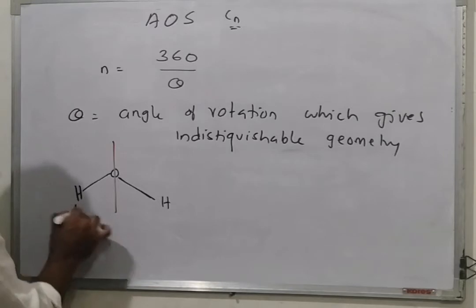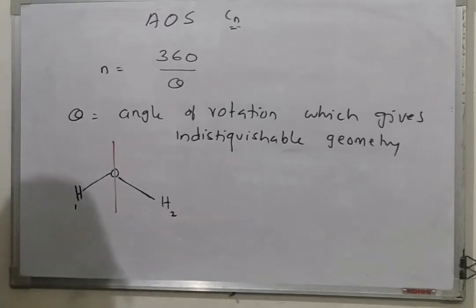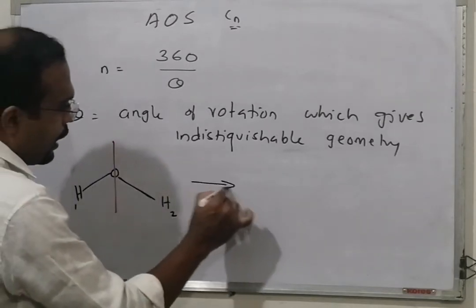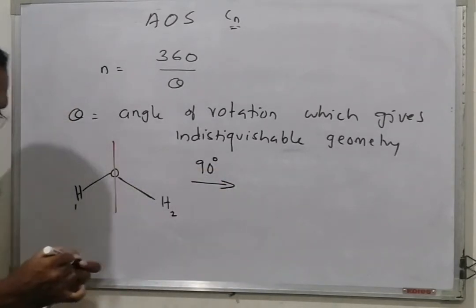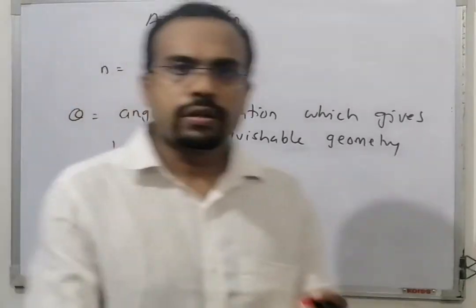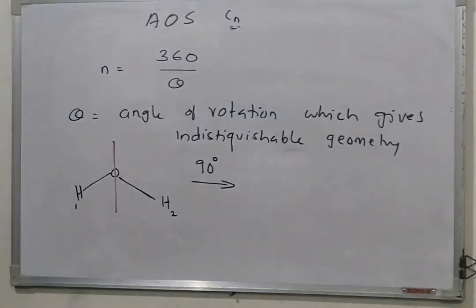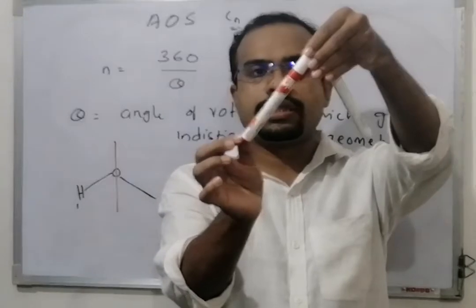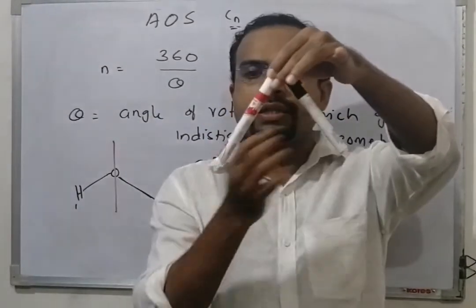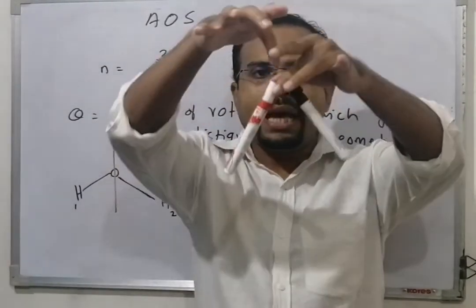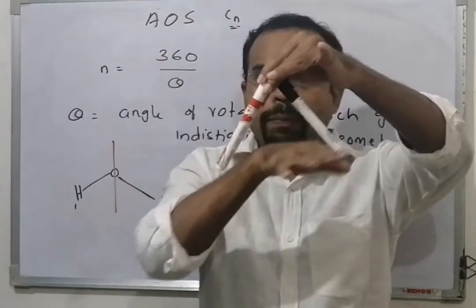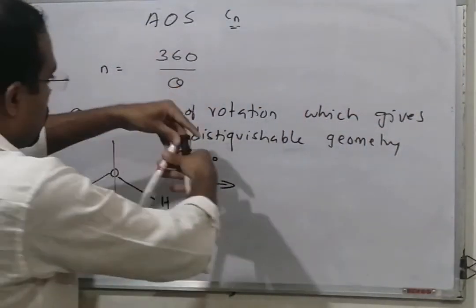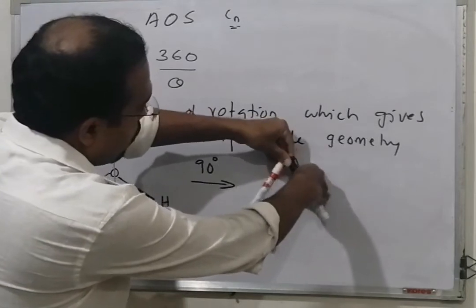I put hydrogen 1 and hydrogen 2. You rotate the water by 90 degrees. Suppose water is like this, with the axis like this, in the plane of the board.